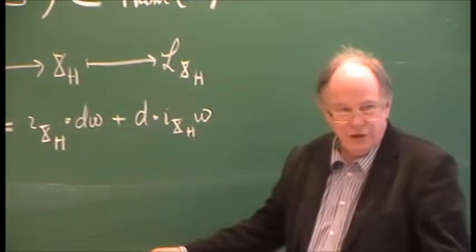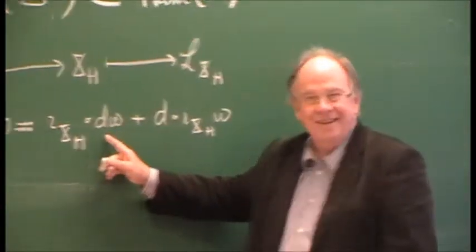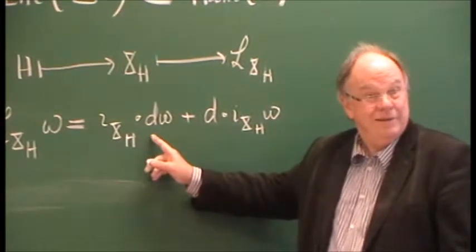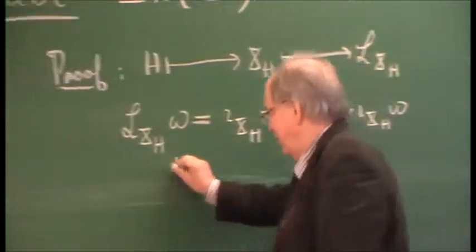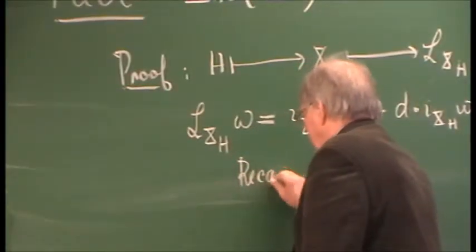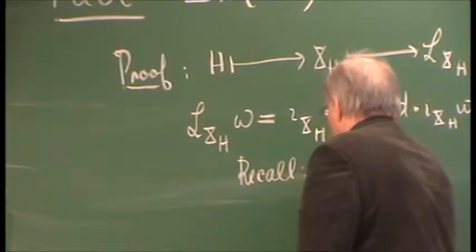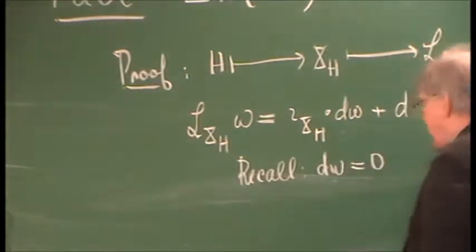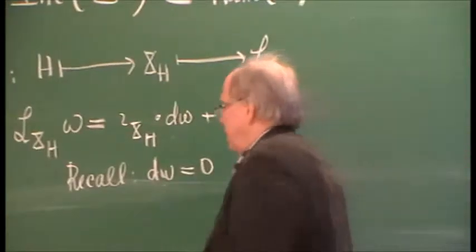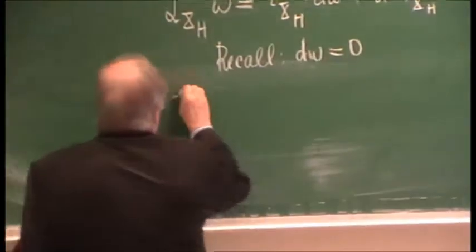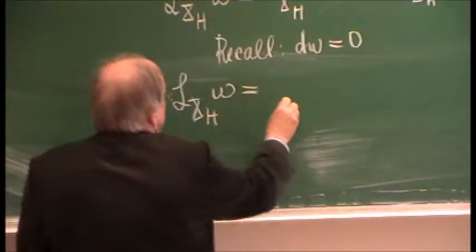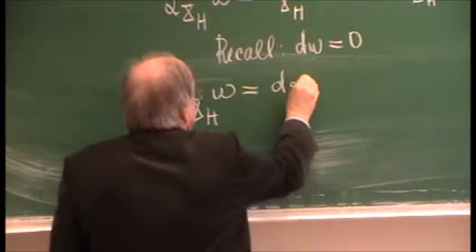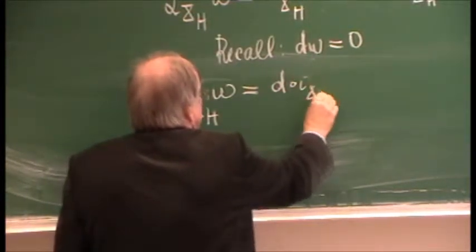Now, do you see any vanishing here? The first term vanishes, because recall the symplectic form is closed, so d omega is zero. And the contraction of the field with omega, isn't it dH?